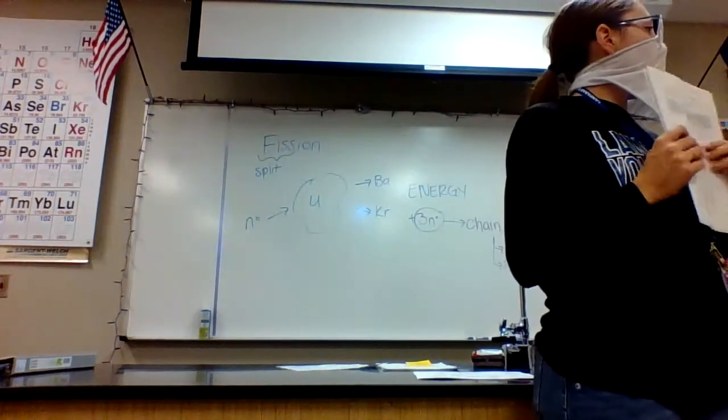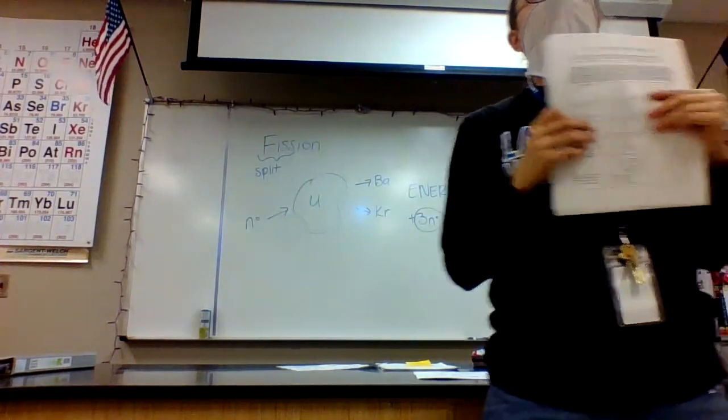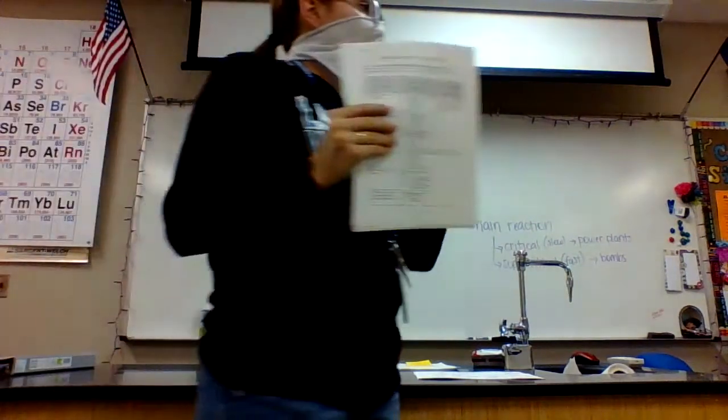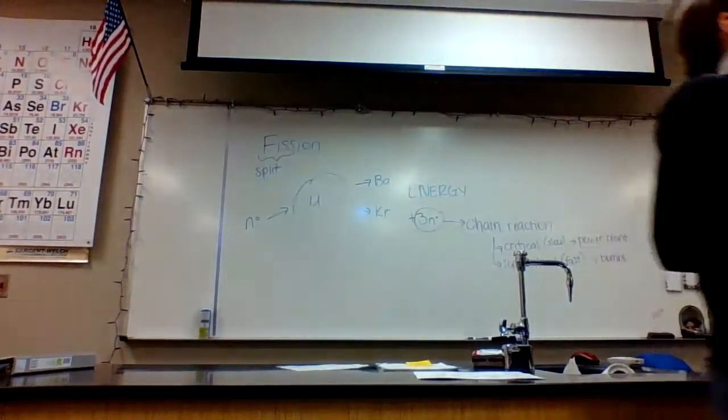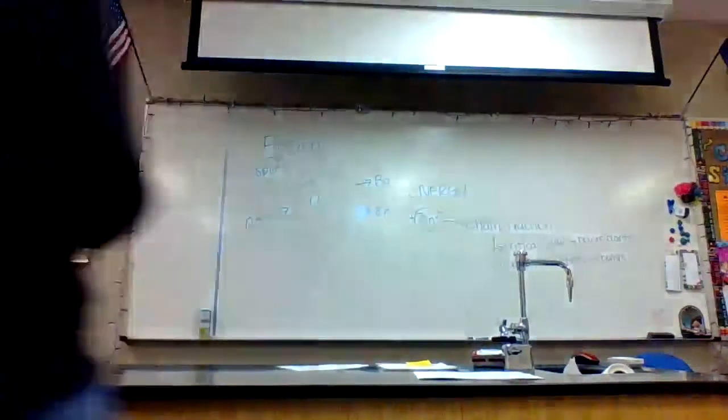You only have to do enough questions to get 50 points. So you don't have to answer every single question, okay? You can just do enough to get your 50 points. If you want to do more, go for it, okay? But the minimum is 50. Does that make sense to everybody? Yes? Okay. Whenever you finish, I need you to turn it into the tray.